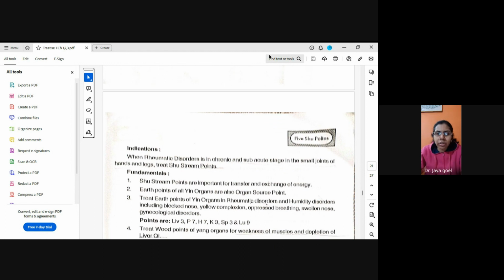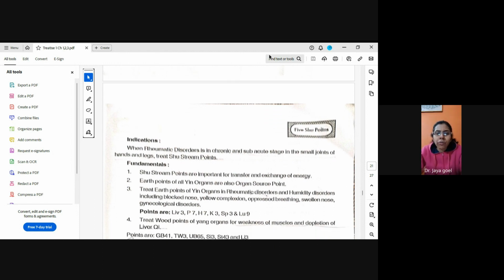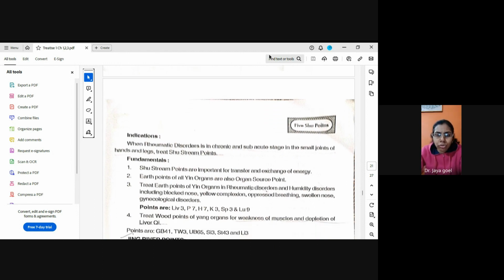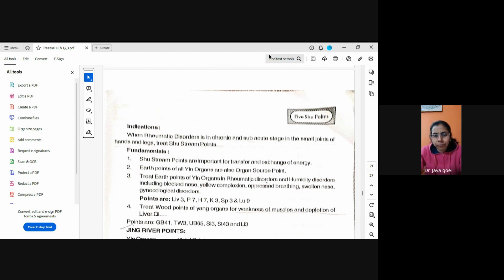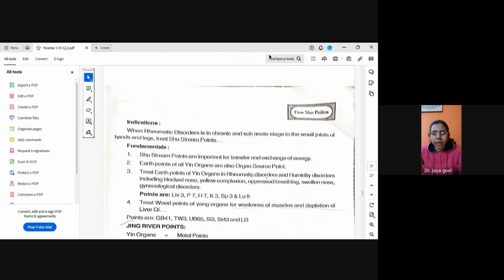Rheumatoid disease affects the small joints, fingers and toes, hand and foot. The toes have pain, and sometimes their shape also changes. The small joints of hand and legs are treated with Shu stream points for rheumatoid disease.